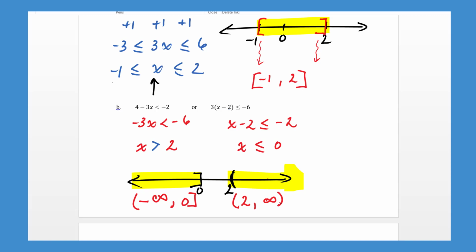But since both of these are part of the total solution set, they can't stand alone individually, so we have to combine them together with our union symbol. That's a pretty terrible looking union symbol. Try that again. Just the simple little U. So our interval notation would be that entire statement. Okay, so that's a good look at some compound inequalities.